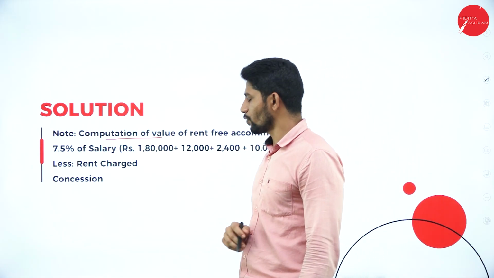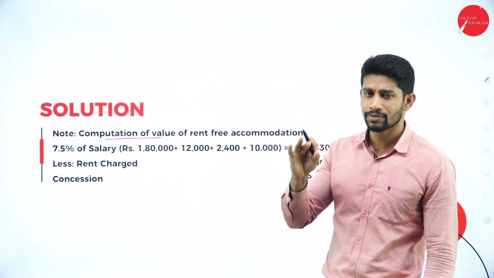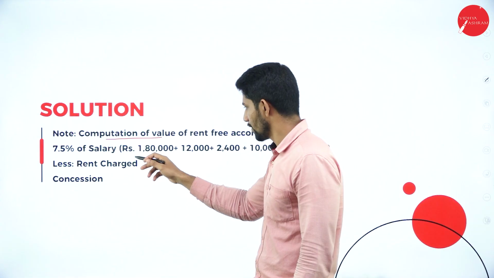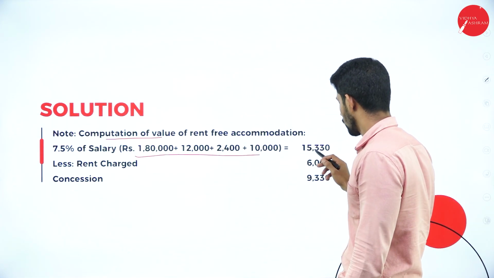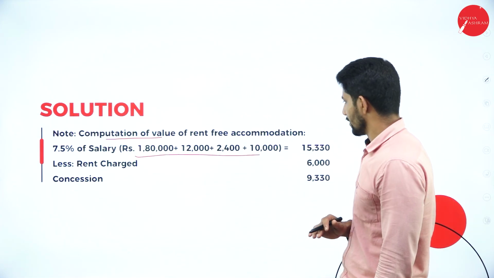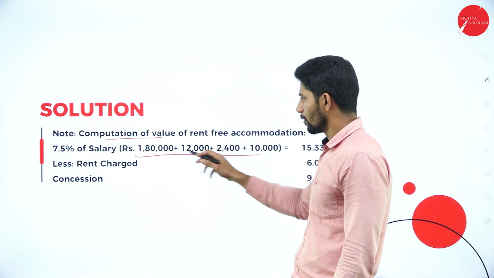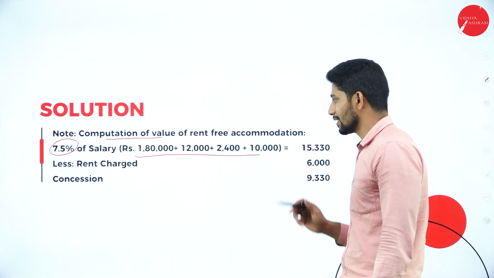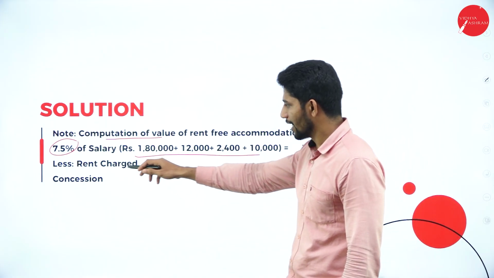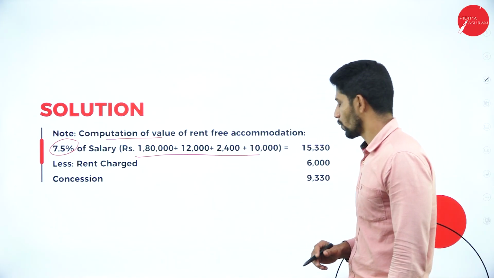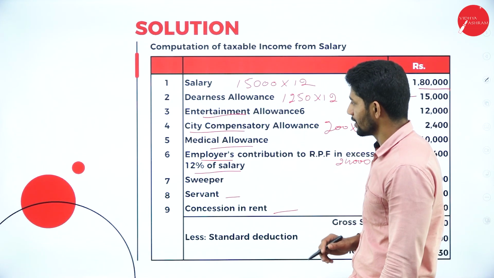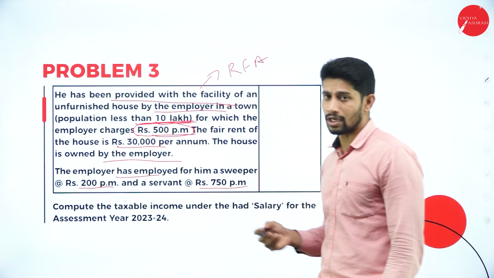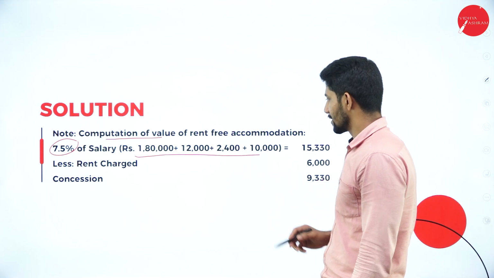So here salary means what? All basic, DA, commission, bonus and all taxable allowances. Here you can see we have taken all those items. The total is 15,330. On this total, if you compute 7.5%, how much will you get? 15,330 less rent charge. What is the rent charge? The rent charge here is 500 per month. Into 12 months, you will get 6,000.